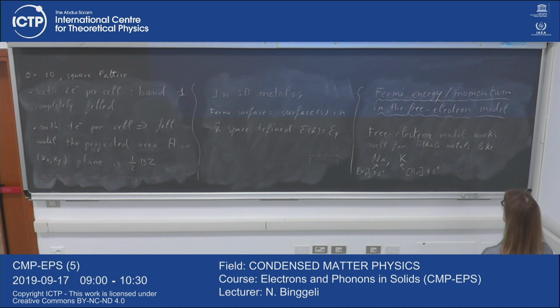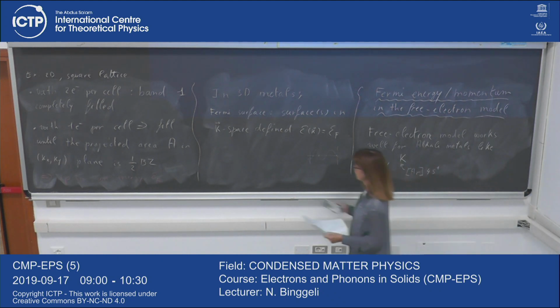So I mentioned that the free electron model works well for these metals, sodium, potassium, and it is a good starting point for other simple metals. So it works very well in this case, and it's also a good starting point, let's say, in terms of perturbation theory for other simple metals.